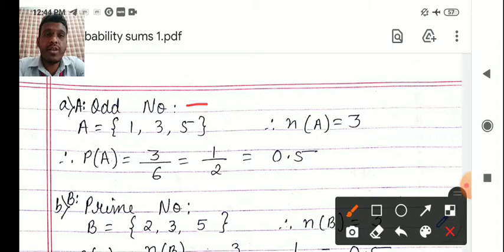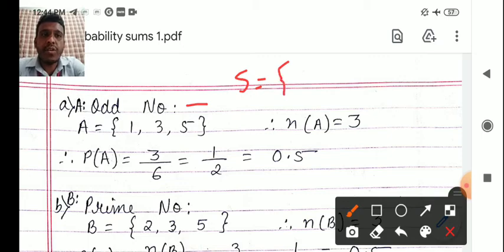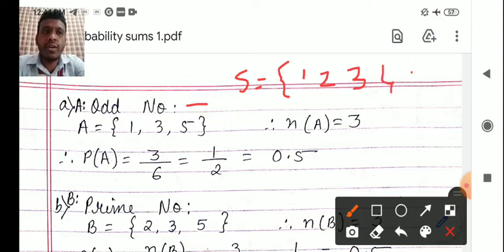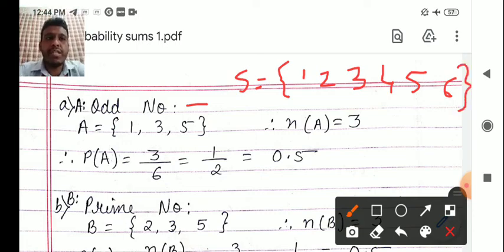Now the question comes of odd number. What is the sample space? Sample space we have got in our previous problem. It is equal to 1, 2, 3, 4, 5, 6.